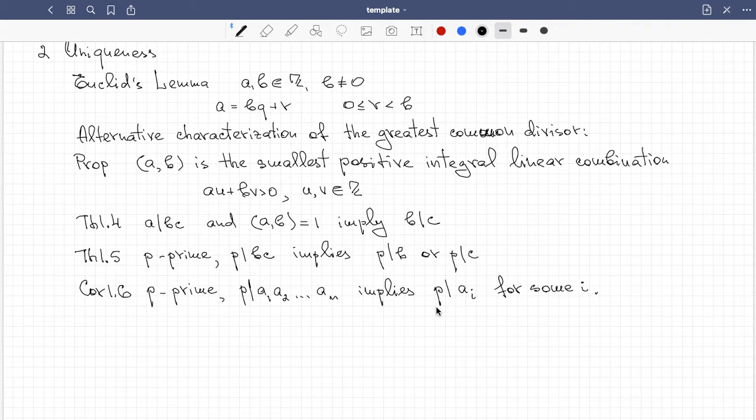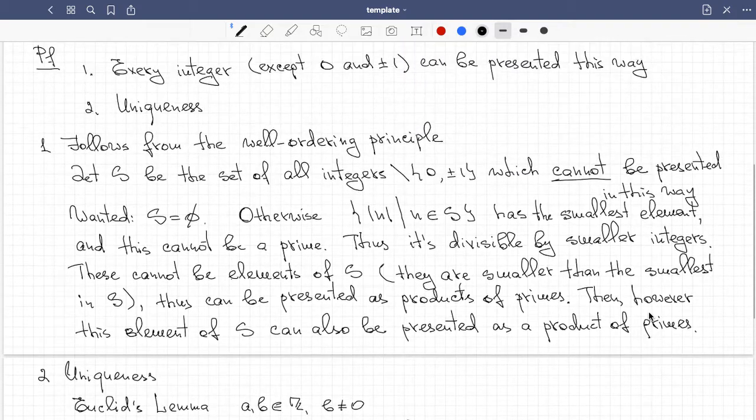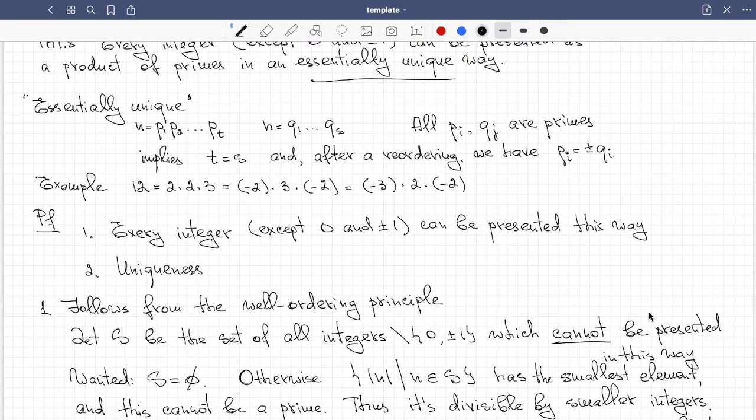Now, that's all. From this corollary, uniqueness, as I formulated that essential uniqueness, follows more or less automatically. You write these two presentations. Look, this is the same number, so the two products are equal. p1 through pt is equal to another product. p1 divides n, so p1 divides this product.